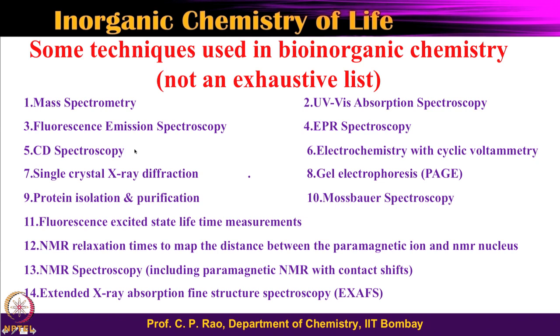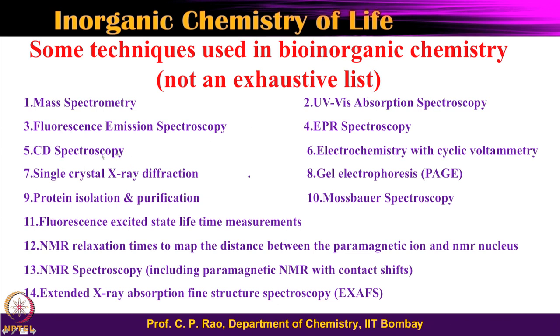Generally, plane polarized light can be talked about in terms of two circularly polarized lights, referred to as right circularly polarized light and left circularly polarized light. If one of the components is absorbed more than the other, due to the dissymmetry, that will give the CD spectroscopy.